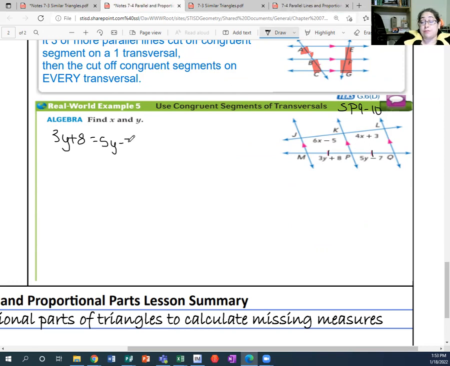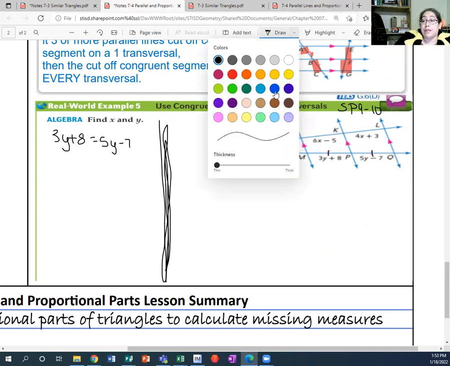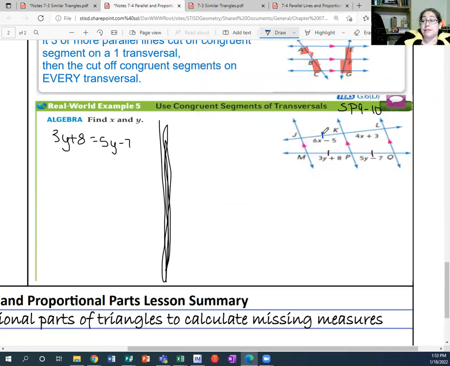Well, what does that mean for the other transversal? According to the corollary we just talked about, the fact that this transversal is cut into 2 equal pieces implies that this transversal is also cut into 2 equal pieces. And so I can write this as my equation, solve for the variable, and I'm done.